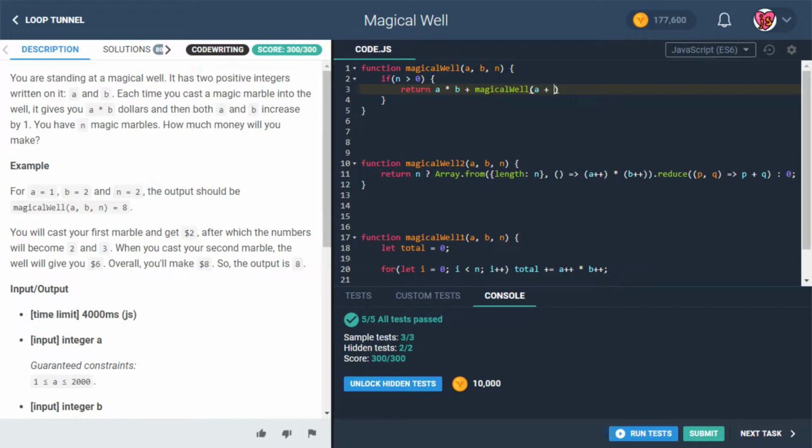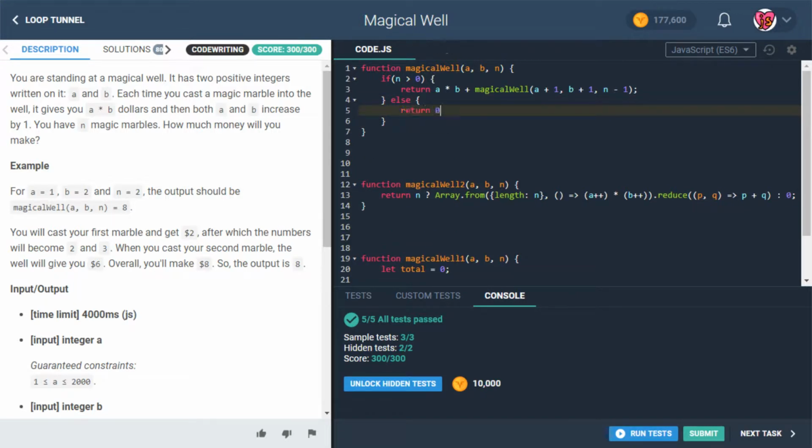Well, now a is going to be 1 greater than it was, so a plus 1. b is going to be 1 greater than it was, so b plus 1. And n is going to be 1 less than it was, so n minus 1, because we just spent that marble. Okay, so we're calling magicalWell. And if n is not greater than 0, I guess we'll just return 0 in that case, right? There's nothing much to return there. So let's try that. Will that work?